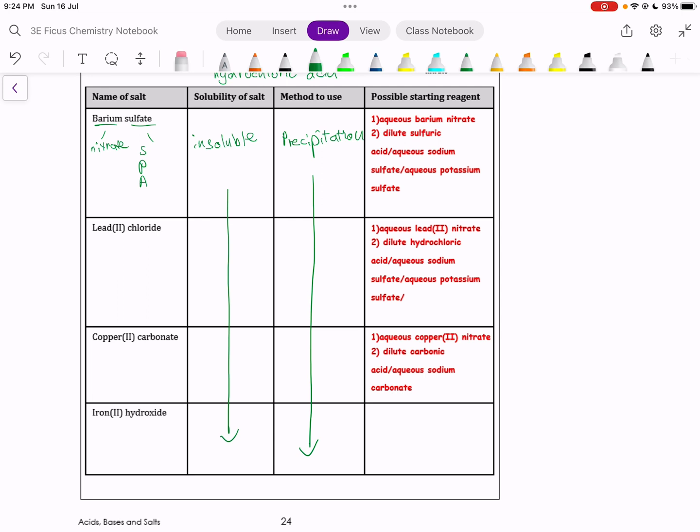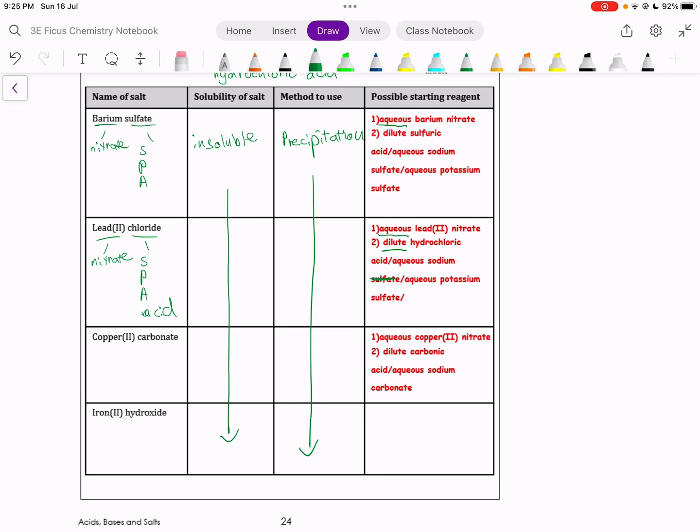Next one you have lead(II) chloride. Your chloride goes with a salt or otherwise an acid, which is hydrochloric acid. Then your lead will go with nitrate. It'll be good if you add the word aqueous to all these solutions, aqueous lead(II) nitrate. And whenever you write acid, it'll be good to add the word dilute. Dilute hydrochloric acid, aqueous sodium chloride, aqueous potassium chloride.